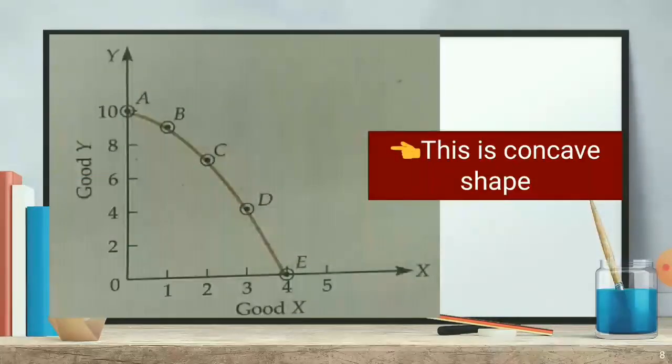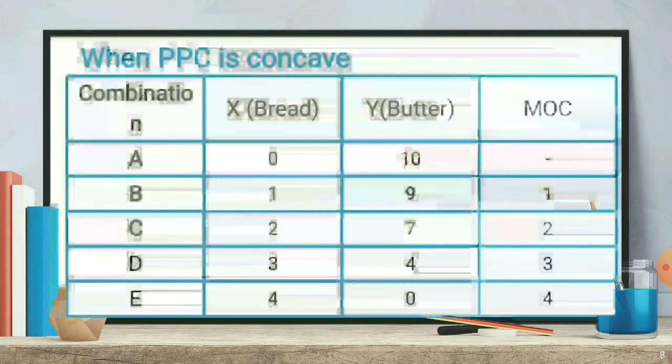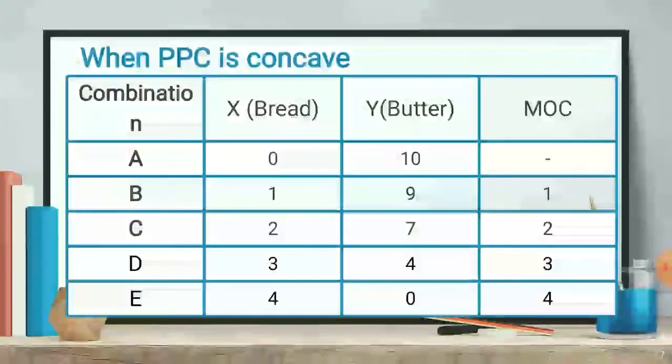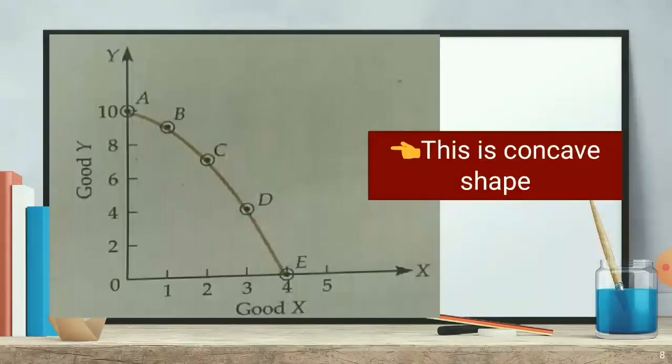Look at the Y-axis: when the production of Y is 10, on the X-axis there is 0 production of X. Similarly, when the production of bread is highest, at 4 units, butter is 0.